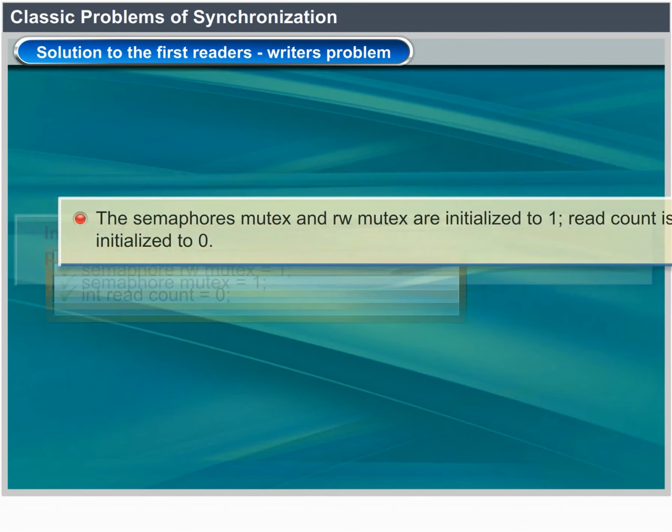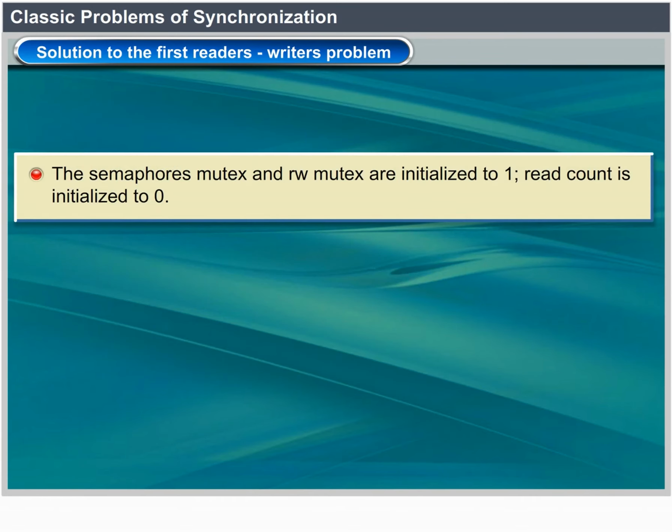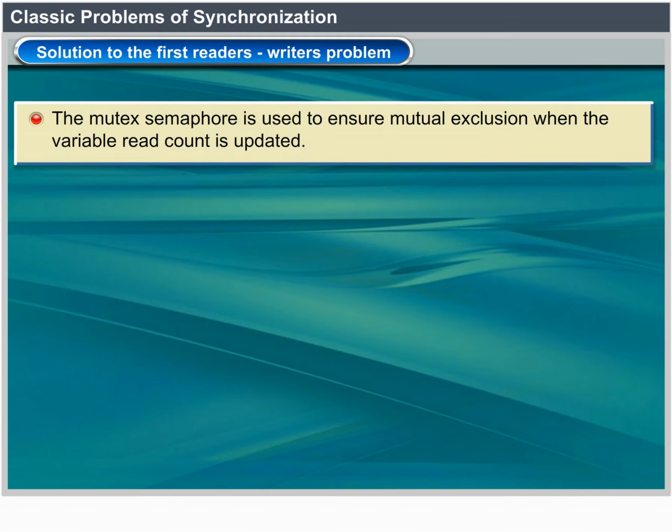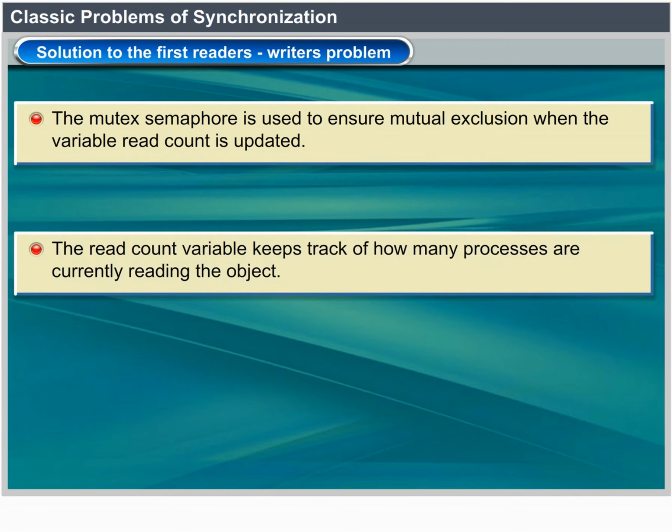The semaphores mutex and rw_mutex are initialized to 1, read_count is initialized to 0. The semaphore rw_mutex is common to both reader and writer processes. The mutex semaphore is used to ensure mutual exclusion when the variable read_count is updated. The read_count variable keeps track of how many processes are currently reading the object.